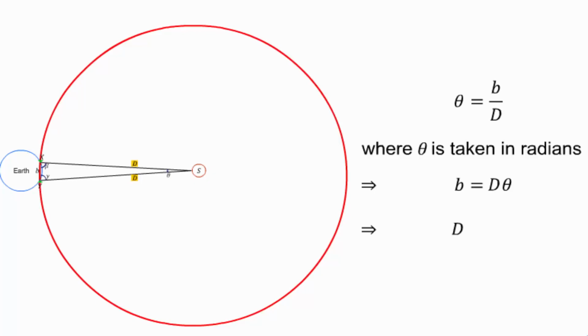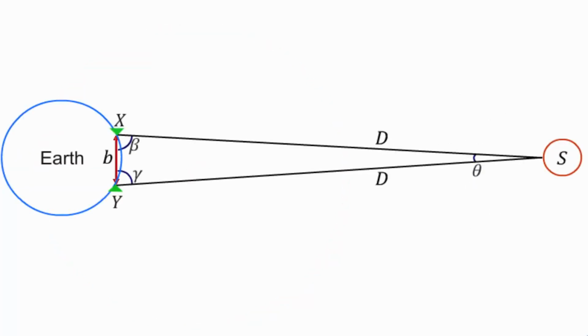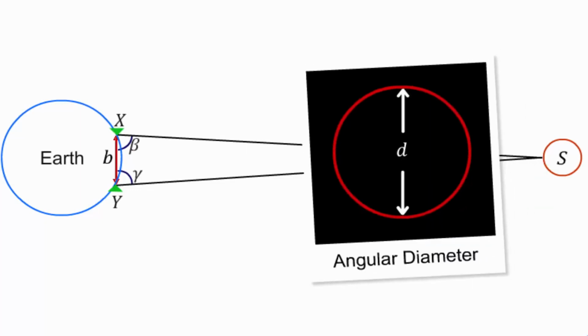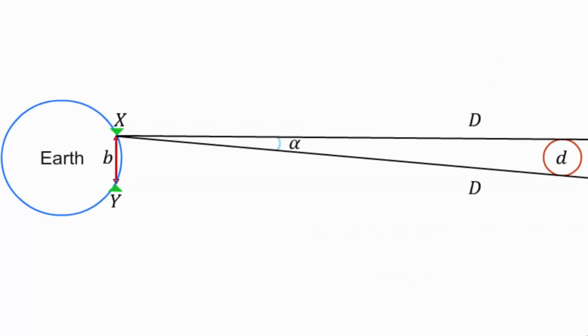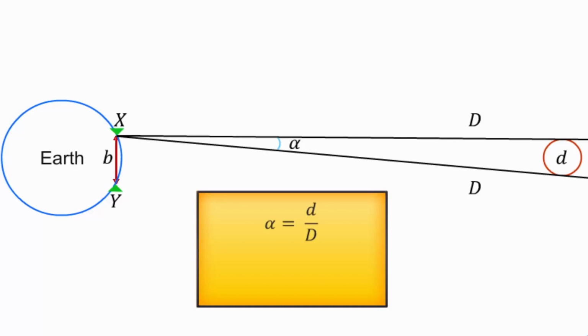As we measure the distance of a faraway planet from the Earth, we can also measure the size or angular diameter d of the planet. If d is the diameter of the planet, and alpha is the angle subtended by the planet's diameter at the Earth, we have alpha equal to d by D, or d is equal to D alpha, where alpha is in radians.